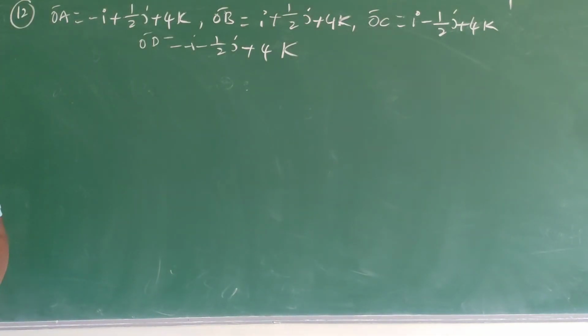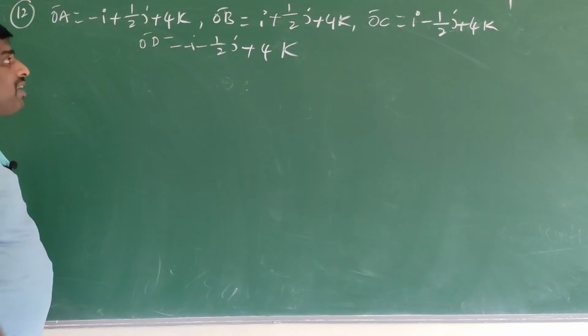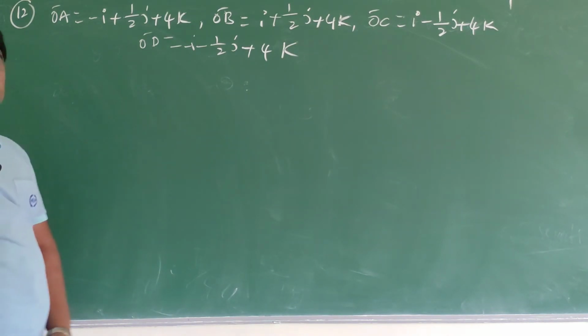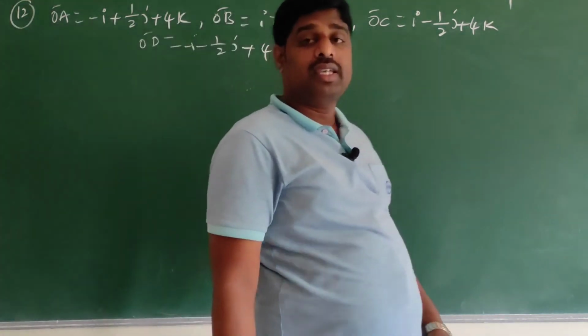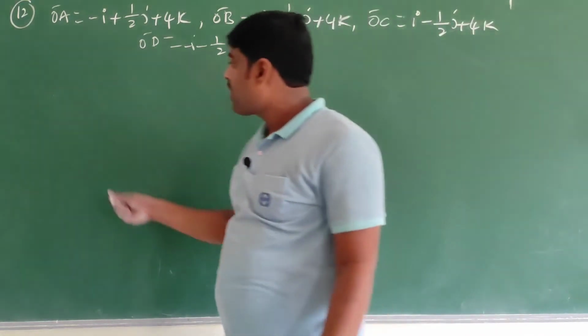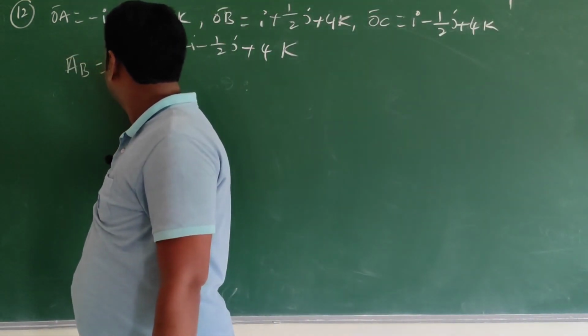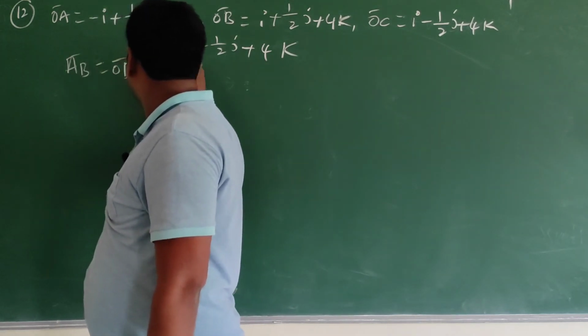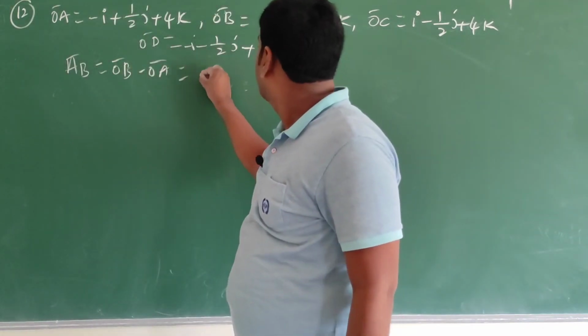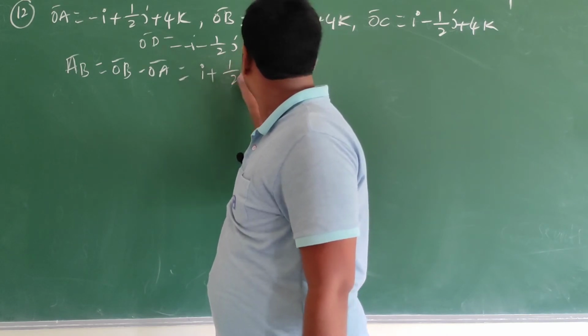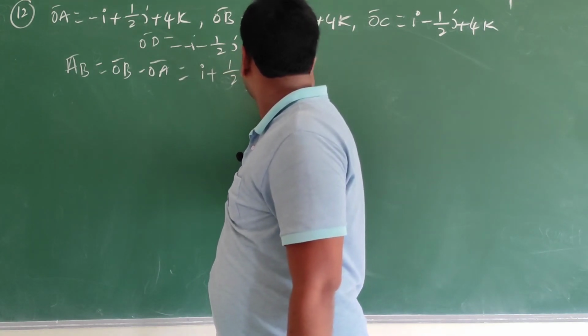Now we have to find the area of the rectangle. The area formula is magnitude of AB bar cross AC bar. That means I have to find AB bar first. AB bar equals OB bar minus OA bar. OB bar is i cap plus 1 by 2 j cap plus 4k cap.